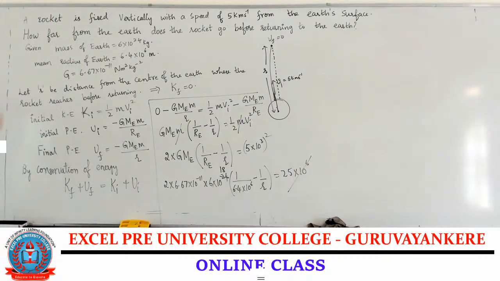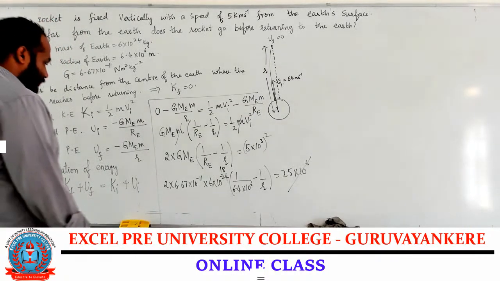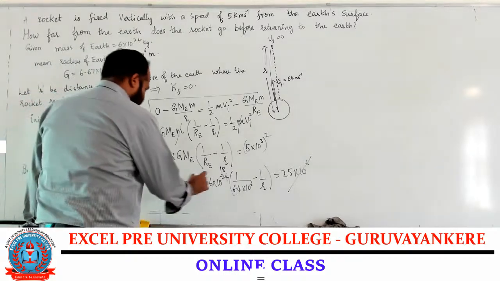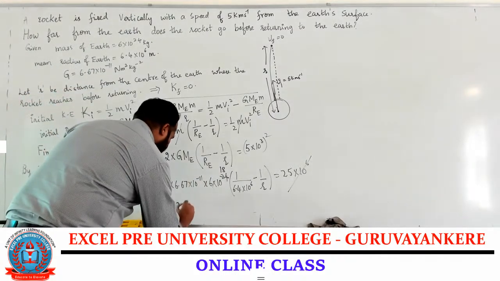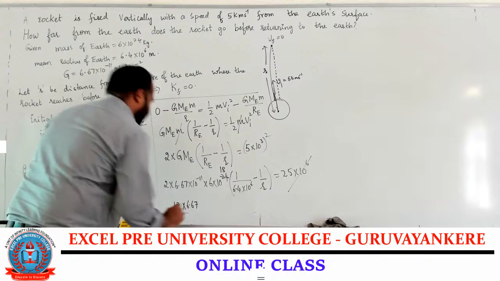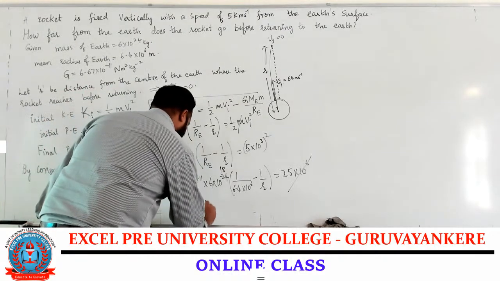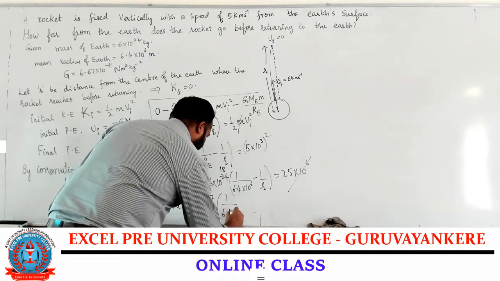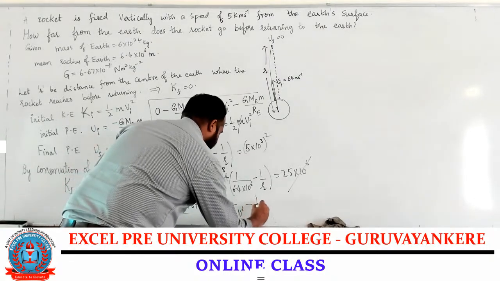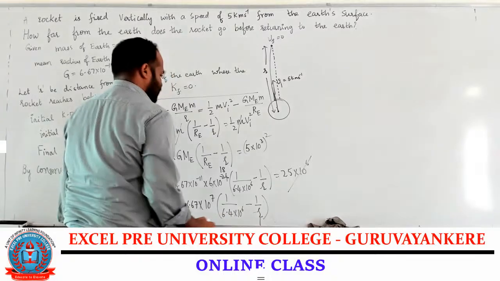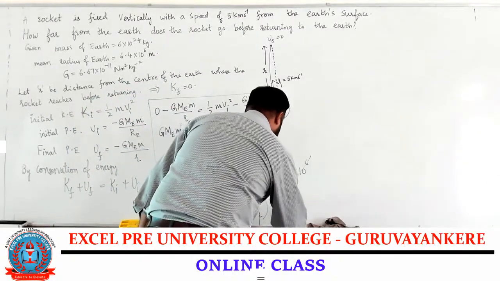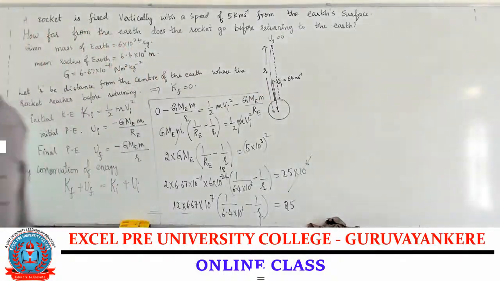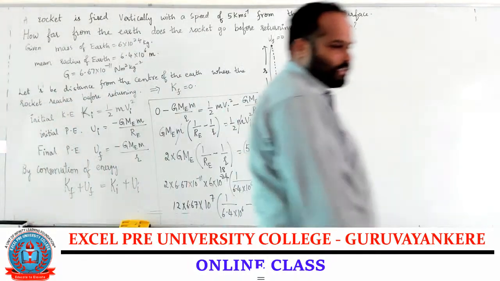So here calculating this, 12 into 6.67 into 10 to the power 7, 1 by 6.4 into 10 to the power 6 minus 1 by r should be equal to 25. Right up till here. Fast.